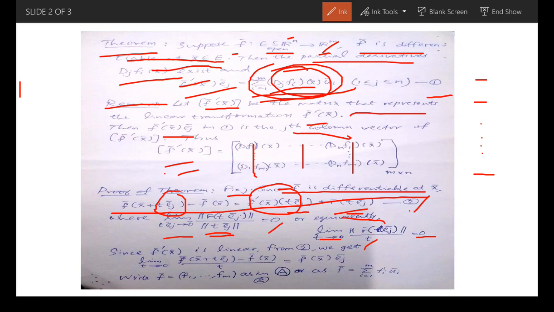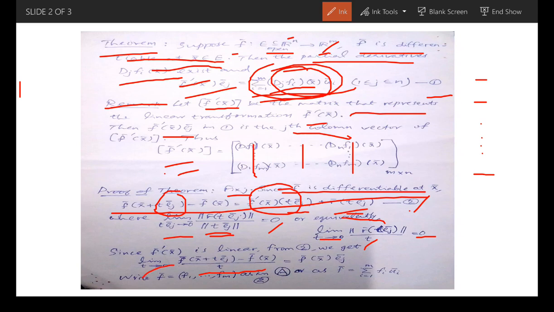Now divide by that t throughout in 2. So what I will get? f of x plus tej minus f of x divided by t equal to f dash x applied to the vector ej plus r of tej divided by t.